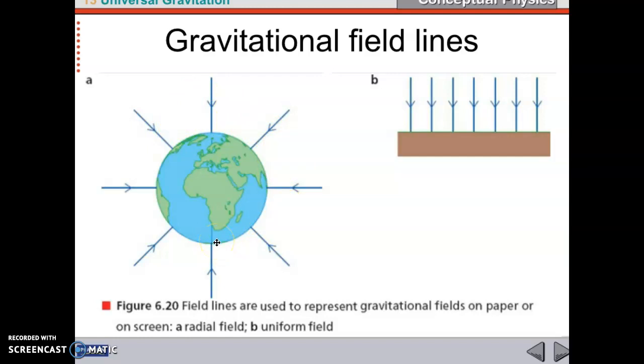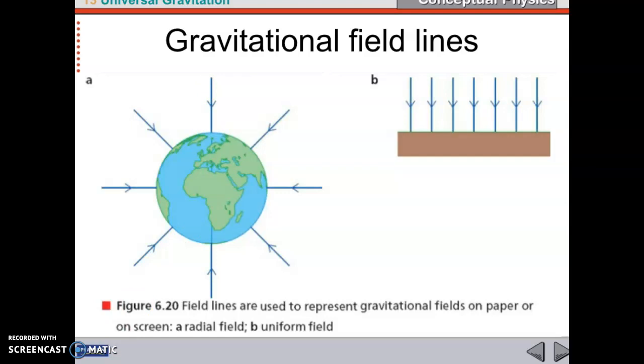Thirdly, make sure that you show that as the value of g increases, the lines get closer together. The gravitational field strength is greater closer to the mass, so therefore we show that these lines are closer as that value of g increases.